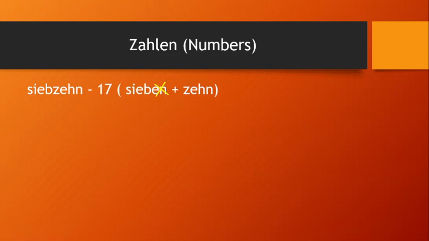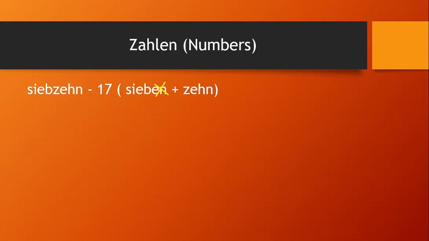So we need to exclude this and it becomes siebzehn. It's not sieben-zehn, it's siebzehn. So you need to be a bit careful while writing 16 and 17.